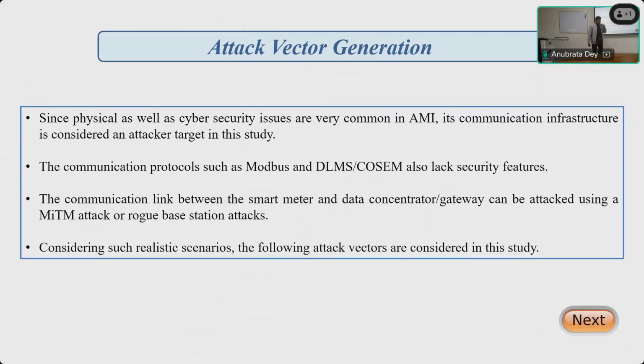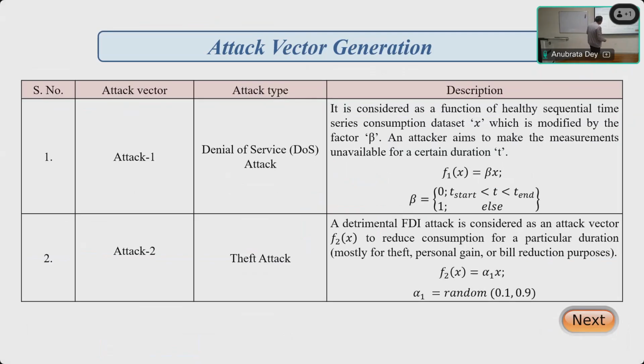Once we have this data, we have created some simple attacks, for which you can just write the code. Let's say I want to create a denial of service attack. I have written a function with beta and x, where x is my data obtained after resampling and denoising.